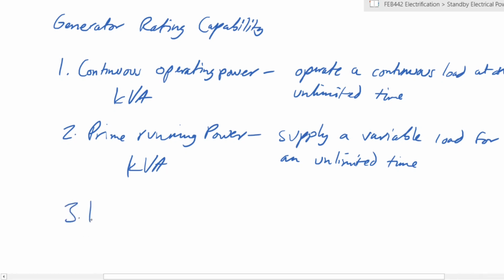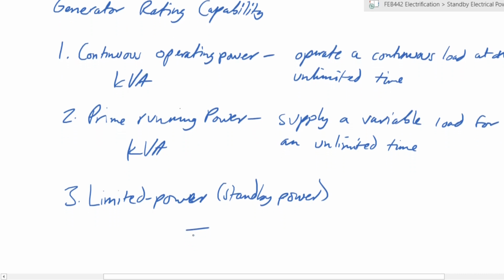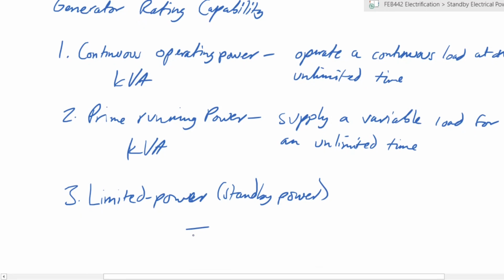And the third type of rating is the limited power or standby power. So this is the most common type of rating, and this is where you can note that you have your generator running intermittently.